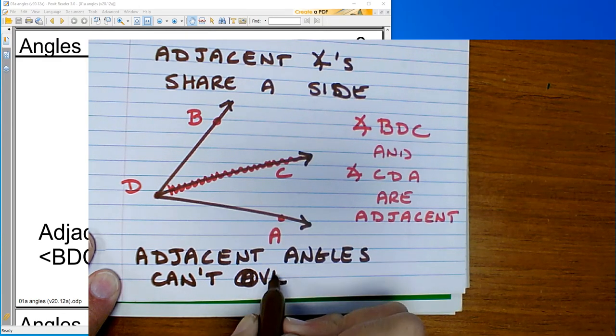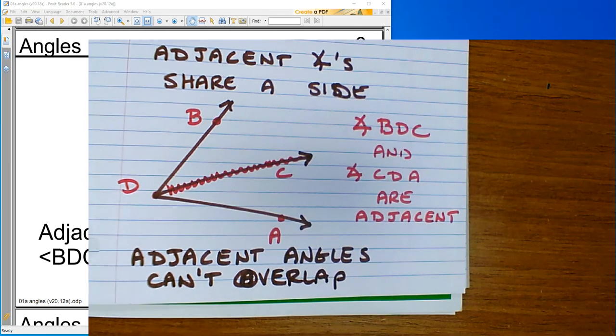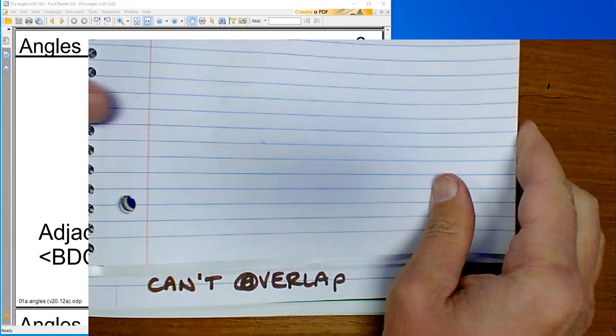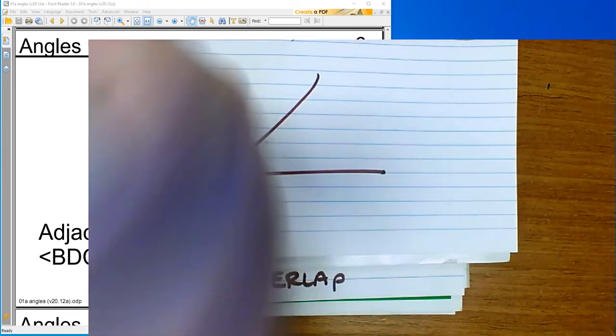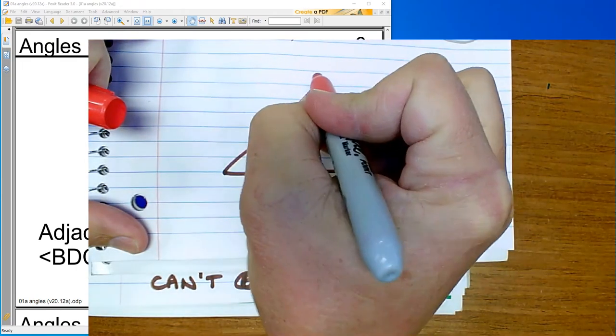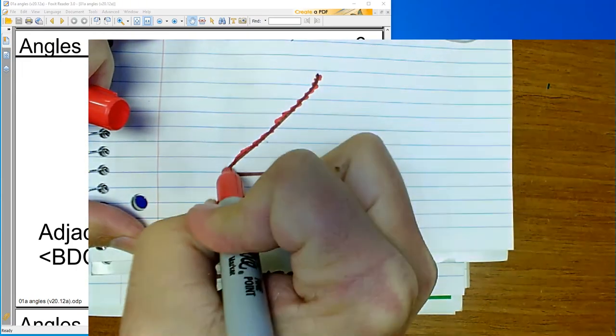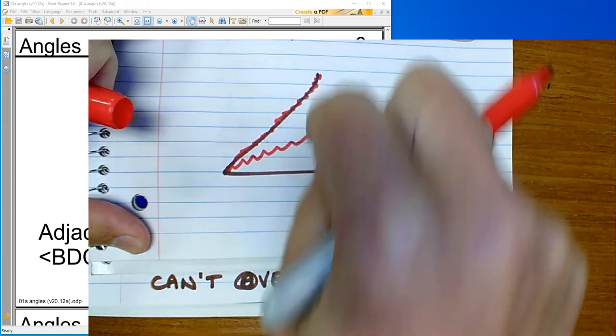What I mean by that is, if I had an angle like this, and inside that angle I have another angle, you see how the red angle is overlapping with the brown angle?